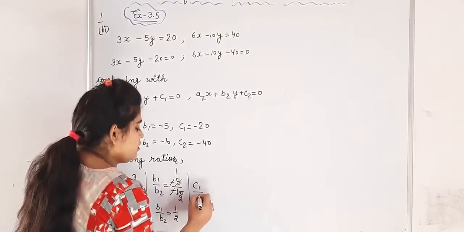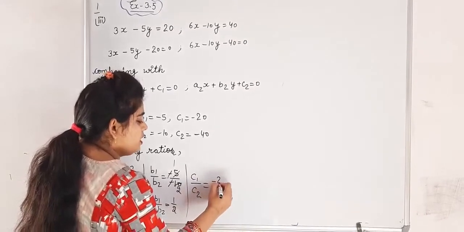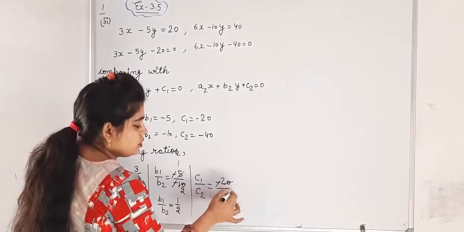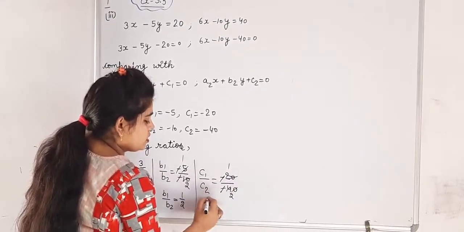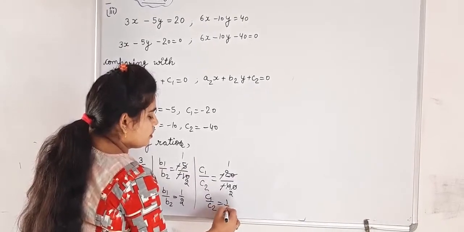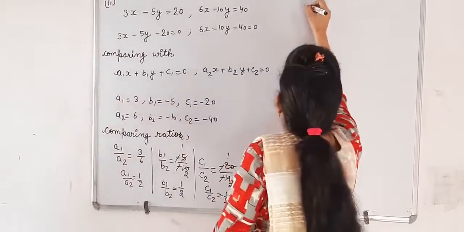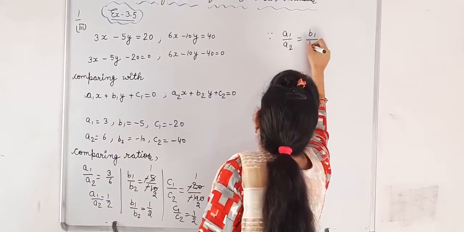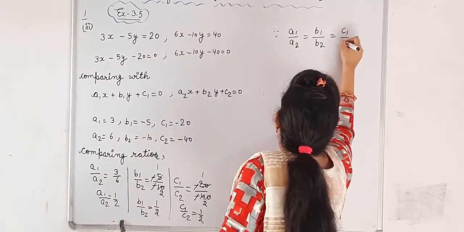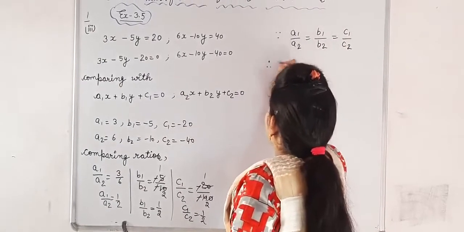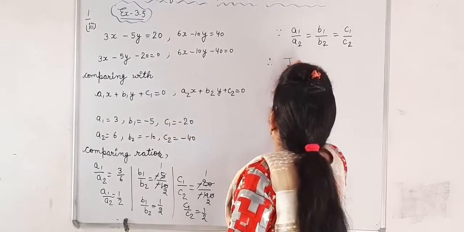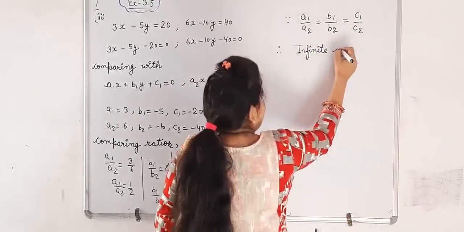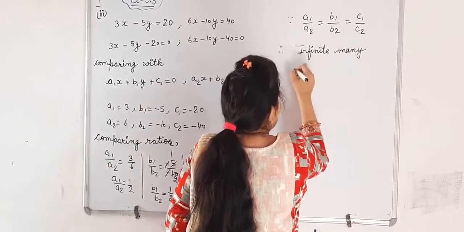Now c1 by c2, minus 20 divided by minus 40, minus cancels out, 0 0, 2 ones are 2, 2 twos are 4, c1 by c2 is equal to 1 by 2. Now because a1 by a2 is equal to b1 by b2 is equal to c1 by c2, these equations have infinitely many solutions.